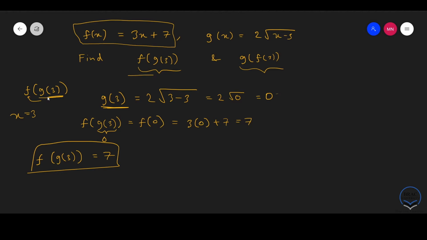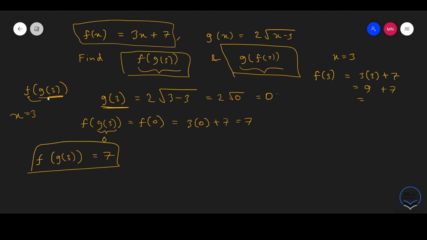Right, so now we have found this composition. Now we can try and find this. Right, so it's a similar process. Now we just find our output of the function f when x is equal to 3, right? So f of 3 is equal to 3 times 3 plus 7, which is 9 plus 7, and this gives us 16, right? So now we can substitute our value of f of 3 into our function g, right?